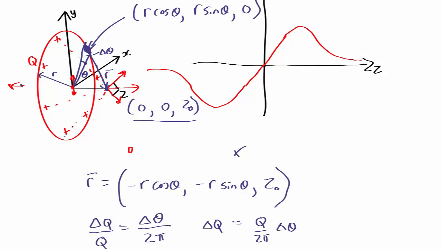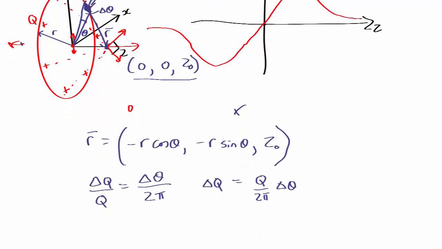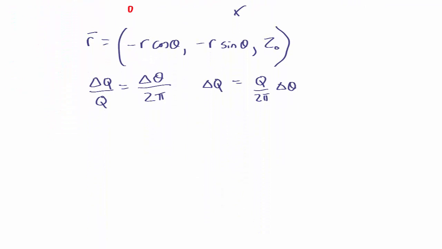Okay, so we now know the charge. We know from Coulomb's law that the electric field is going to be 1 over 4 pi epsilon naught times the charge, which is Q over 2 pi delta theta, times vector R over mod R cubed.